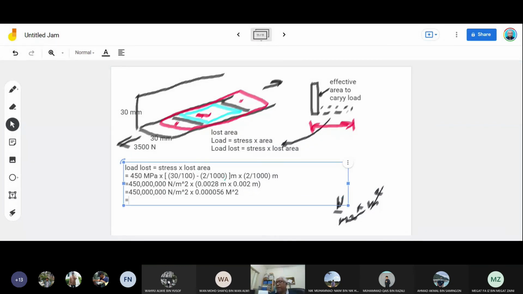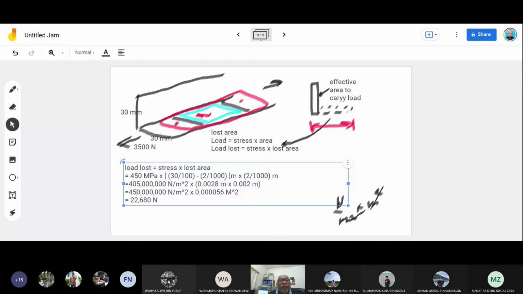Equal, times 405E6, 22,680 Newton. Okay, this is 405 megapascal, sorry.